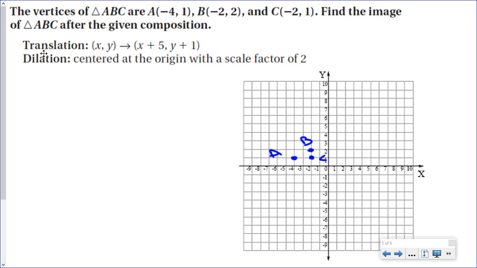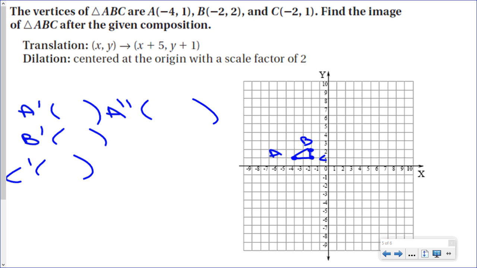Now, even though I'm not going to put them up on the board, you guys should be writing these in your notes, and then writing A, B, and C prime, and A, B, and C double prime. You're going to take the x coordinate and add 5.